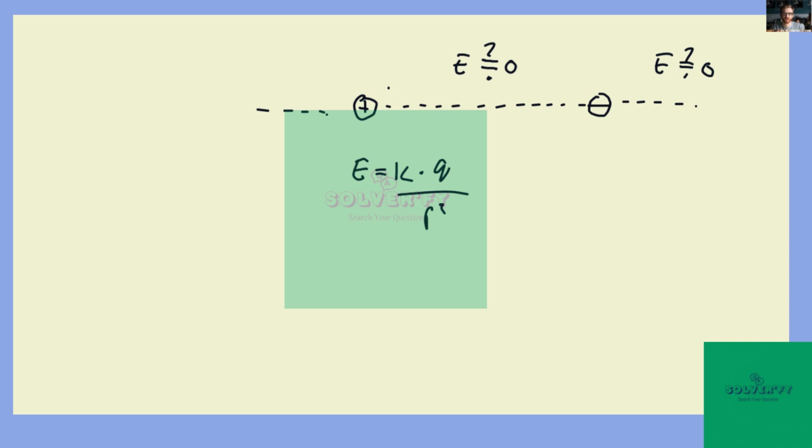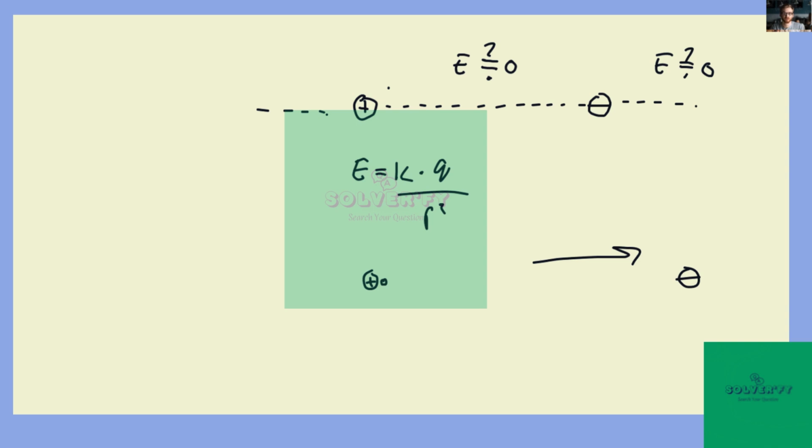So just think of a simple thought experiment here. If I have a positive charge and then a million miles away, I have a negative point charge, and I'm standing right next to this positive point charge, which is going to feel stronger? The positive point charge, because we're much closer to the positive point charge than we are to the negative point charge.